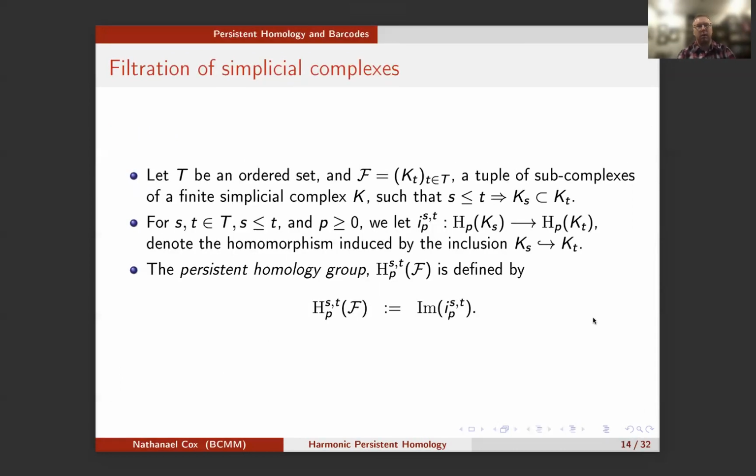Now from here, we can talk about filtrations and get into persistent homology.